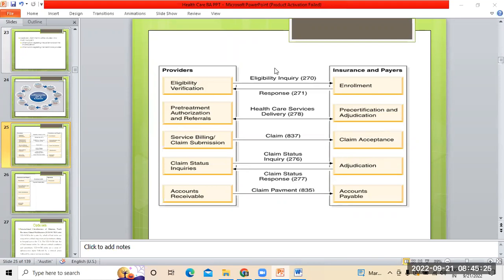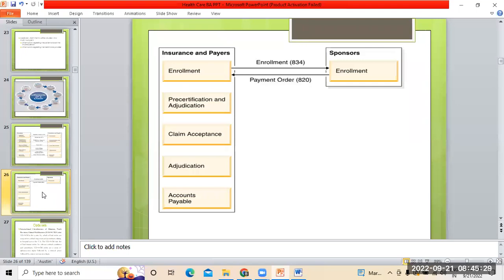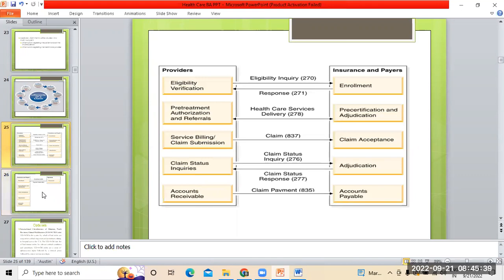Now there is one more activity which we normally have to see, for example, enrollment. Assume there was no enrollment done so far. Whatever transactions I have explained so far are about eligibility verification, healthcare services, claim processing, request adjudication, and final claim settlement. These are the steps we have taken.